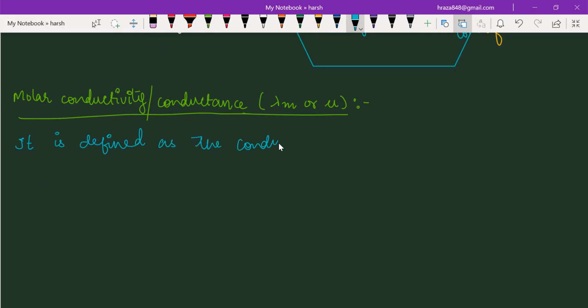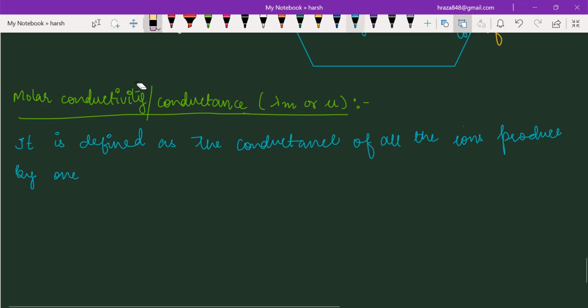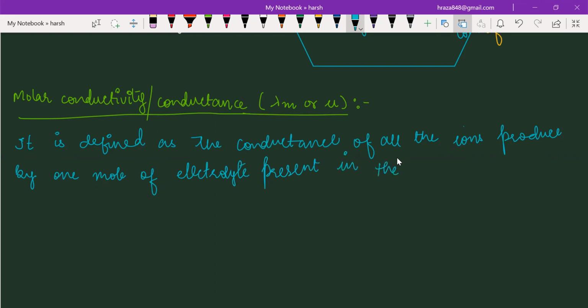the conductance of all the ions produced by 1 mole of electrolyte present in the given solution. Basically we see the conductance due to all the ions present in 1 mole of electrolyte.